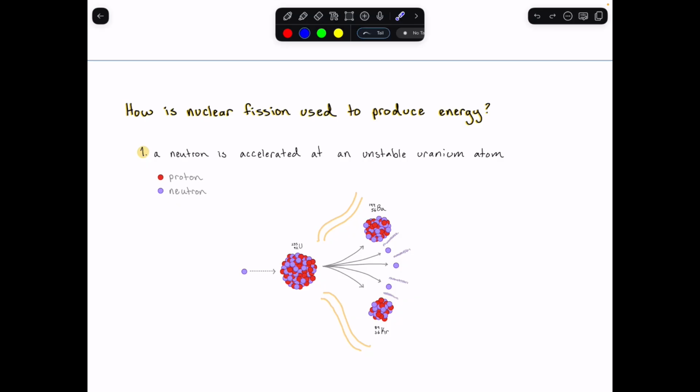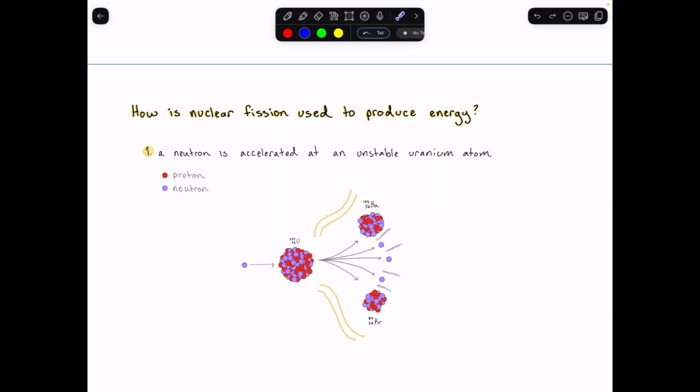In this process, U-235 is hit with a neutron, and it splits into barium-144 and krypton-89, while also releasing 3 neutrons as well as the gamma radiation and the thermal energy.